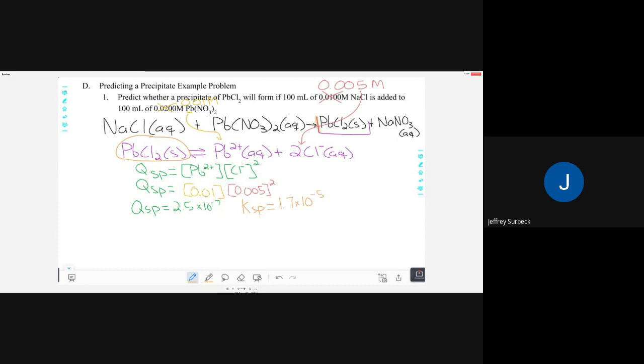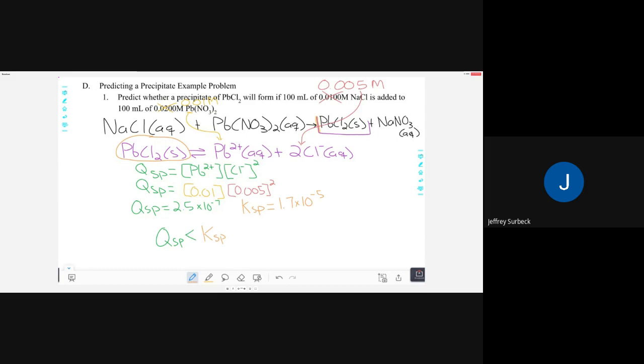Now, we need to decide what is bigger and smaller. This Q has 6 zeros in front of it before the decimal. This K only has 4 zeros. Okay, very good. K is bigger than Q, or how we would write it is that Qsp is smaller than Ksp. Cool. What's that really mean?